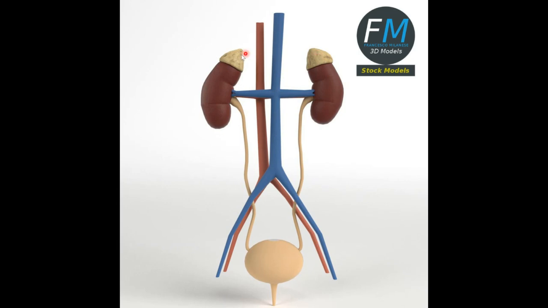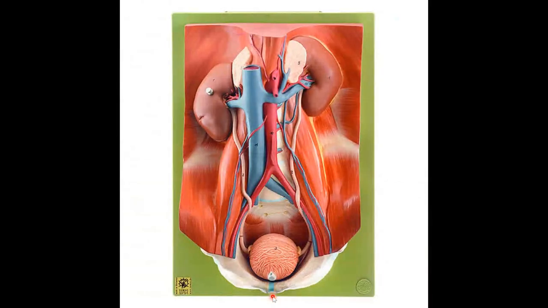We see an adrenal gland associated with each kidney. Each kidney drains into a ureter on both sides, which empty into the urinary bladder and then exit by way of the urethra. So ureter and urethra are similar words, so try not to get those confused.